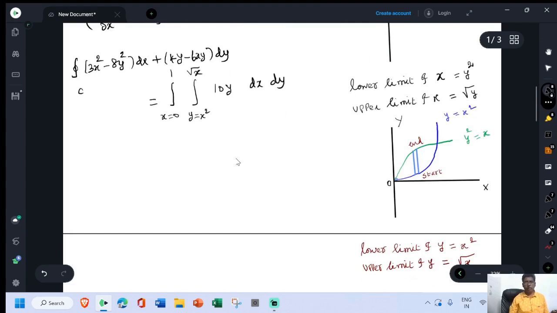This is equal to the integral from 0 to 1, with y from x square to root x, dy into dx.